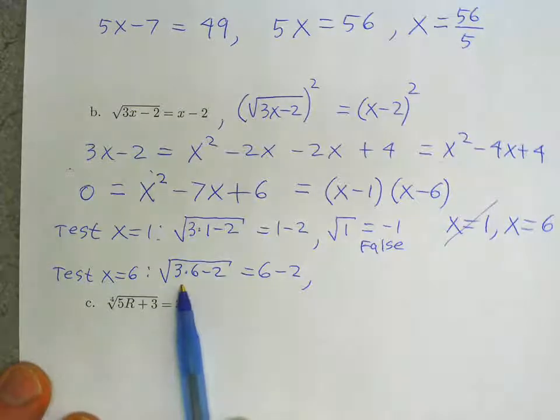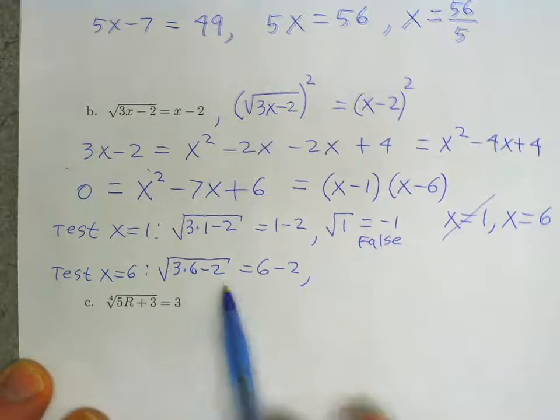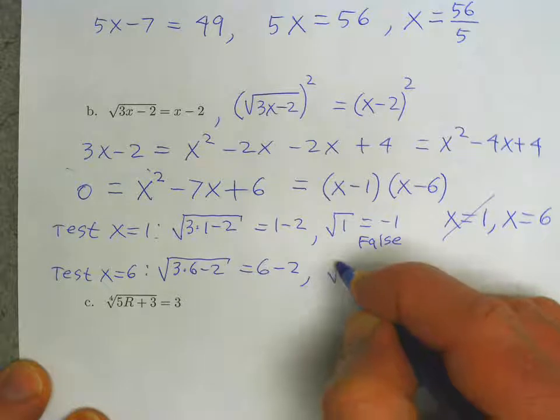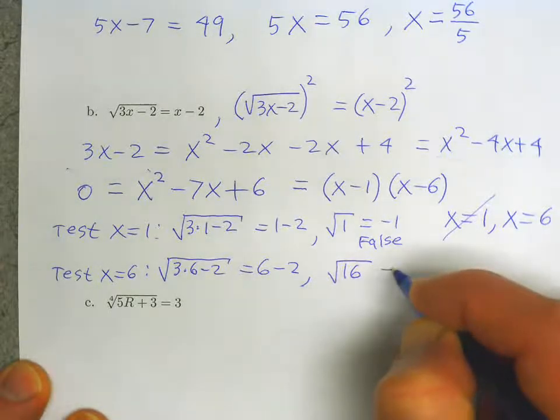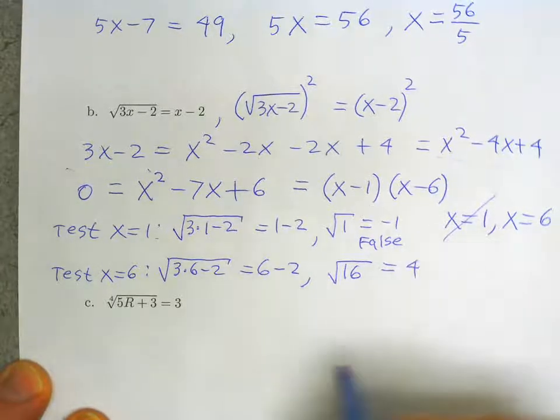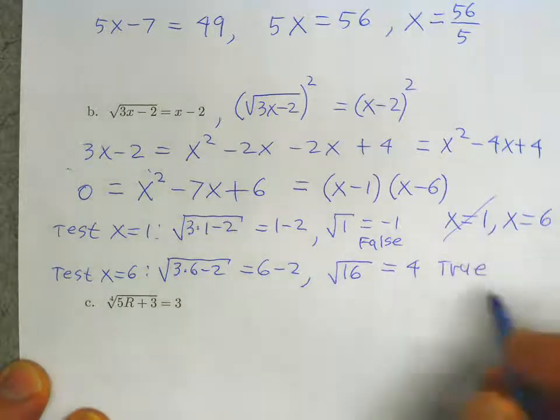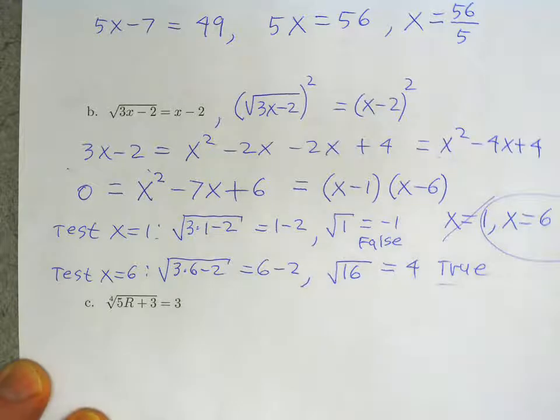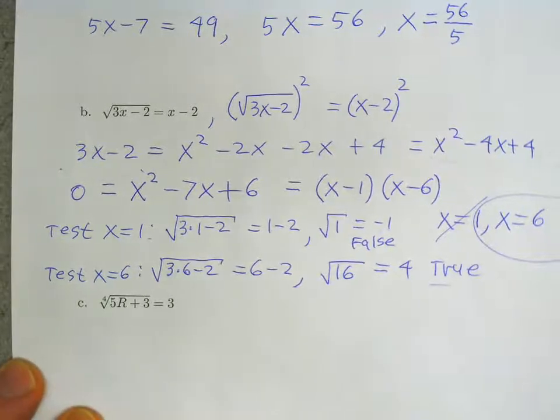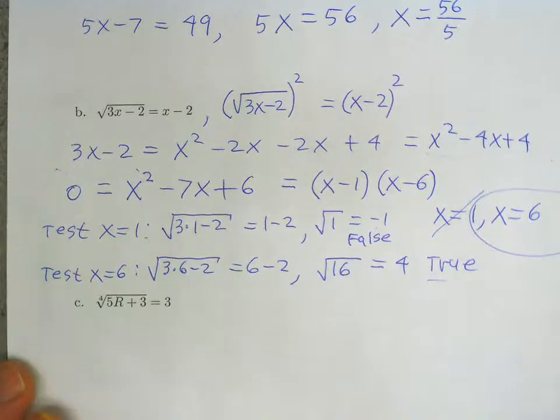Inside the square root, 3 times 6 is 18, and 18 minus 2 is 16, and the positive square root of 16 equals 4, since 6 minus 2 is 4. This is true. That is obviously true. So x equals 6 is the only solution to that equation.